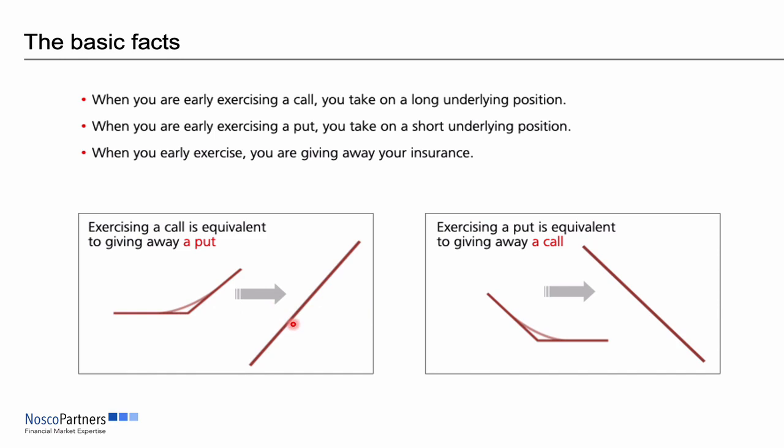So early exercise has a cost. We can think of this cost, for an American call, as giving away a put. In the same way, if we exercise an American put, we go short the underlying, and this looks as if we give away a call with the same strike.